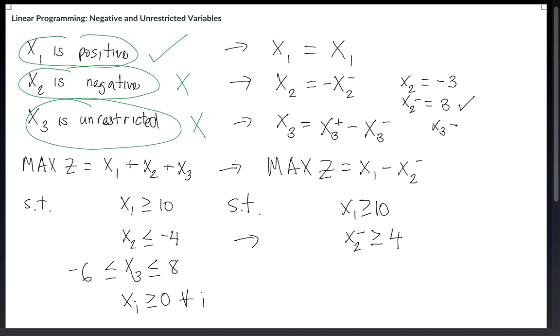So if x sub 3 is equal to negative 10, then what will x sub 3 plus and x sub 3 minus be? x sub 3 plus will be 0 and x sub 3 minus will be 10. x sub 3 plus can also be equal to 5 and x sub 3 minus in this case will be equal to 15. Both are valid given this definition.